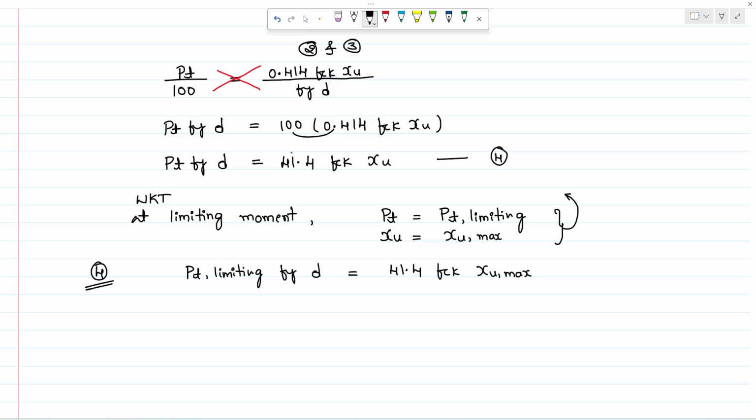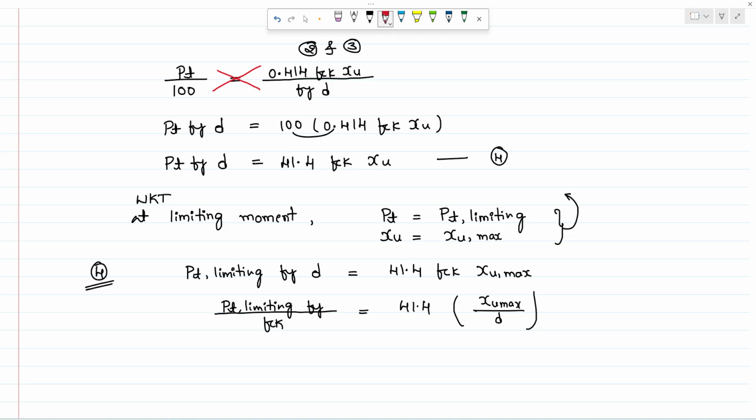So it can be further simplified as pt limiting into fy divided by fck equals, remaining terms, 41.4 into Xu max divided by d.